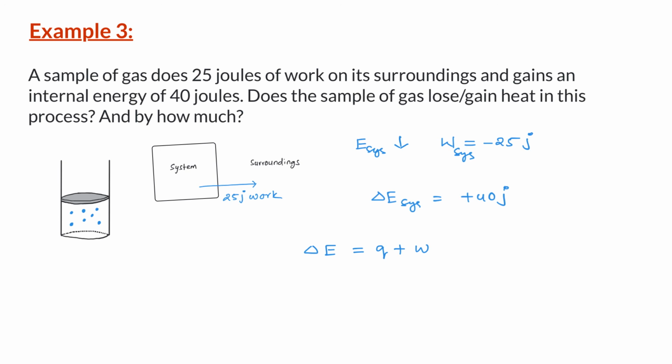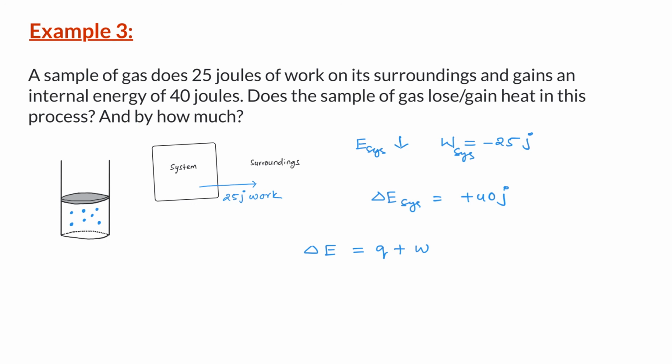W is the work done by or on the system, which is given as minus 25 joules. Q is the amount of heat transferred to or from the system, which is what we need to calculate.